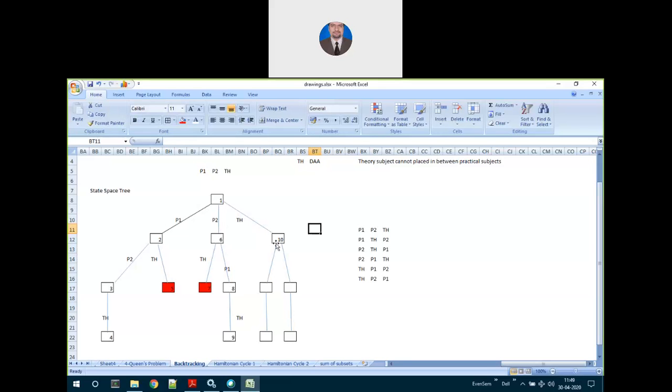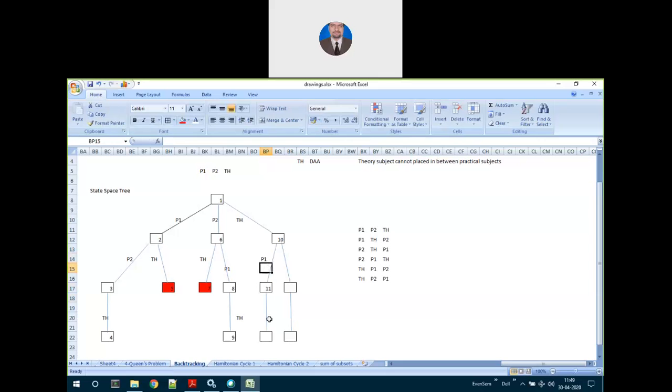Then from 10, I may again have two possibilities. First, I can have P1. So here I will have node number 11. From 10 to 11 I will have one time slot, and this edge I will assign to the P1 subject.